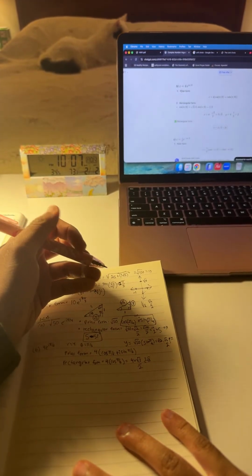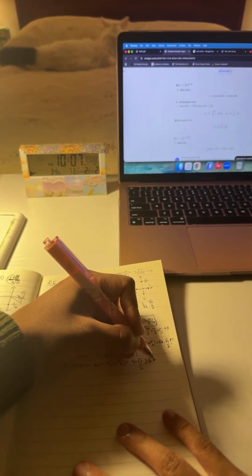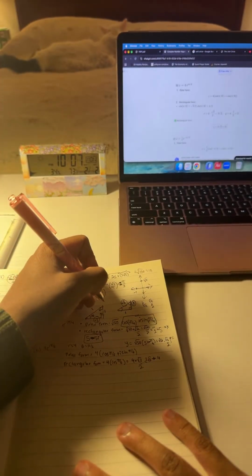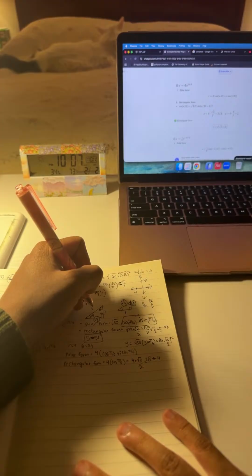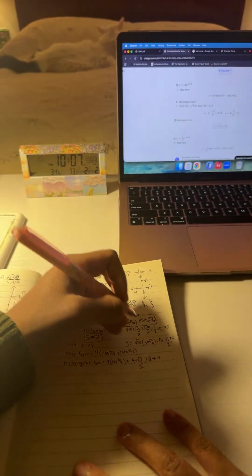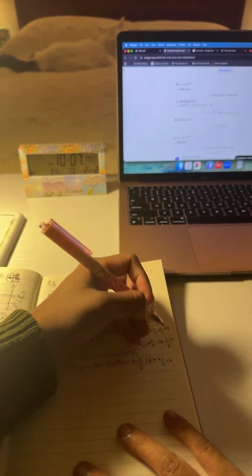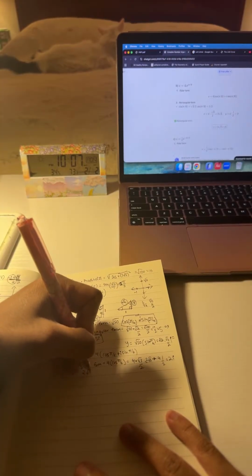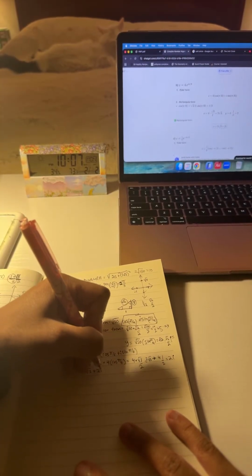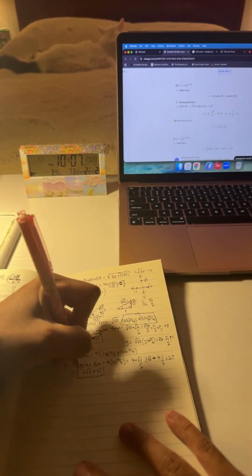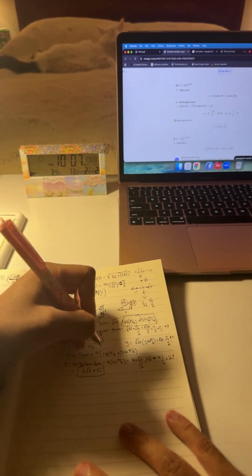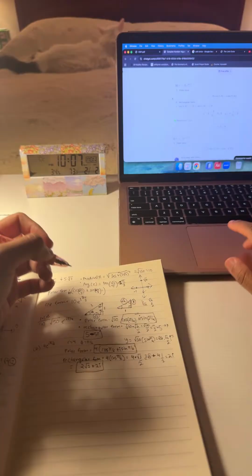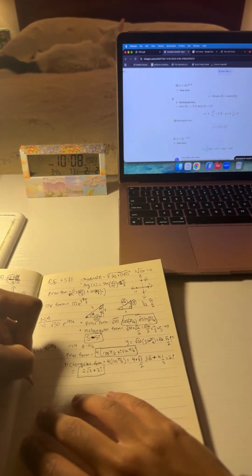And then plus 4 times sine of pi over 6, which is a half, times half equals 2i. So then that would equal 2 root 3 plus 2i. Yeah. So we got that polar form. Got that too. Alright.